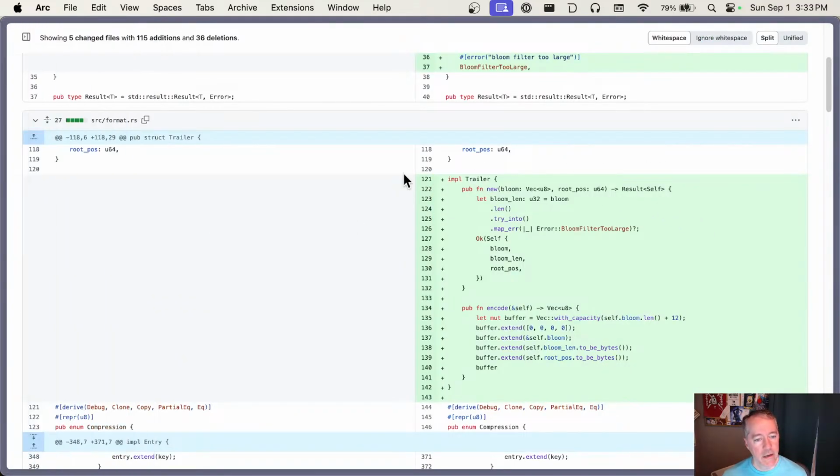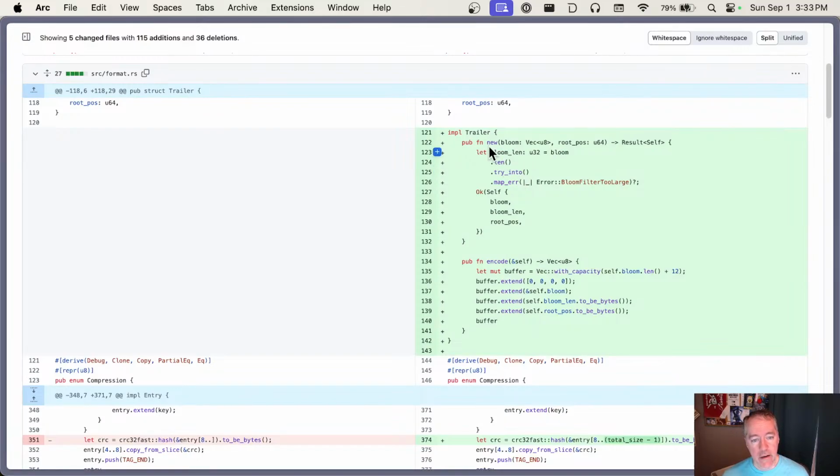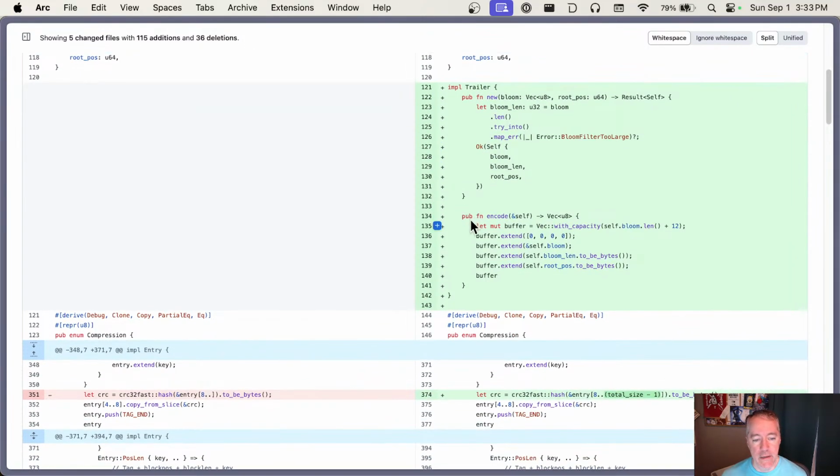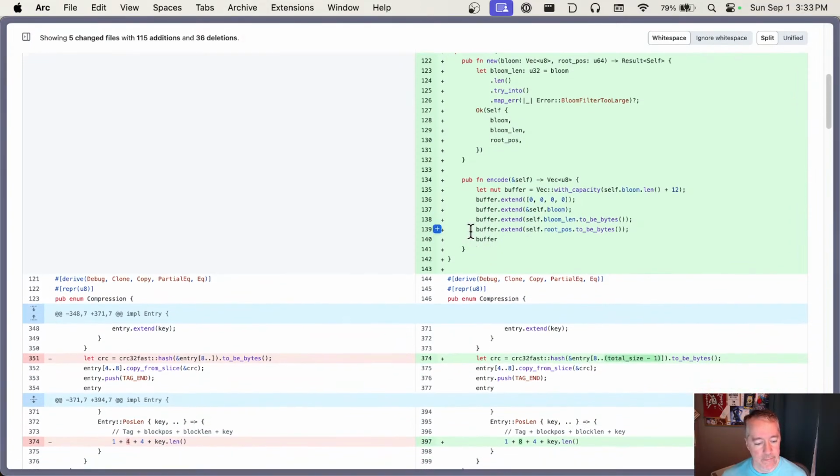So we implemented the trailer, and this has a simple constructor containing the serialized bloom filter and the root position. And then we made a method on that to encode it into a buffer, so we can write out the contents of this trailer struct into the end of the file.